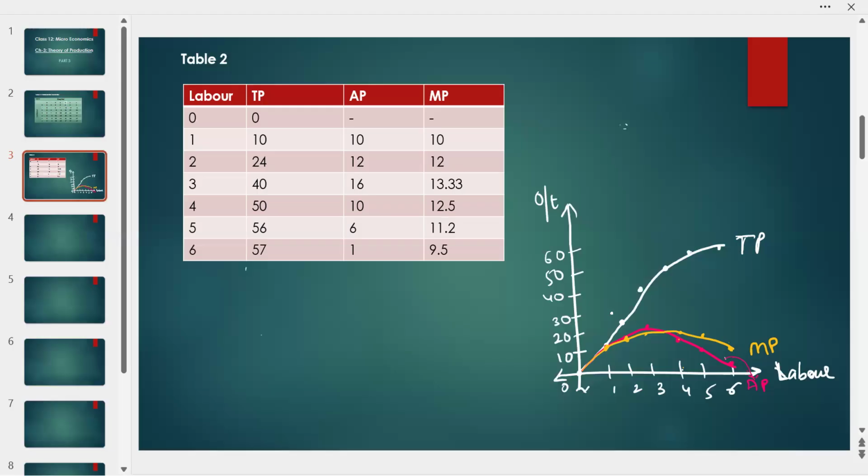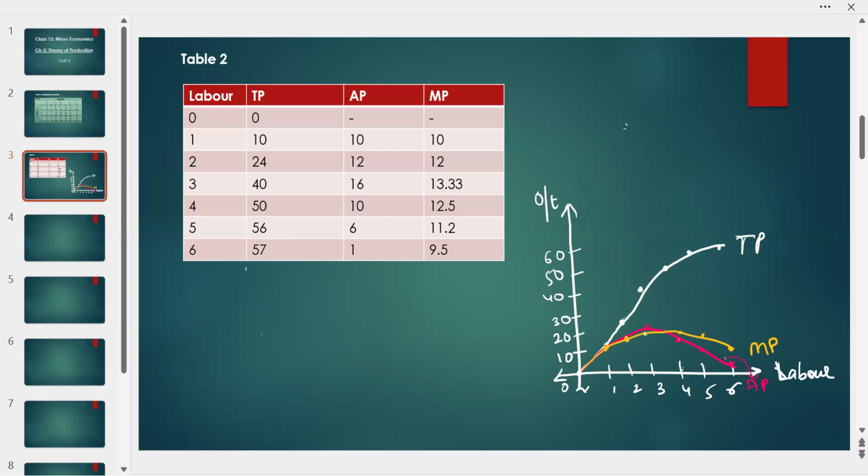Also, the rate at which total product is increasing is reflected by the marginal product. Initially the total product is increasing at a very high rate, and similarly the marginal product is also increasing. The marginal product is this yellow line.